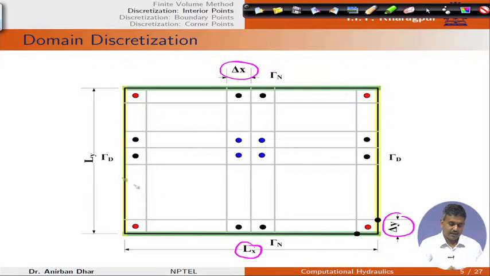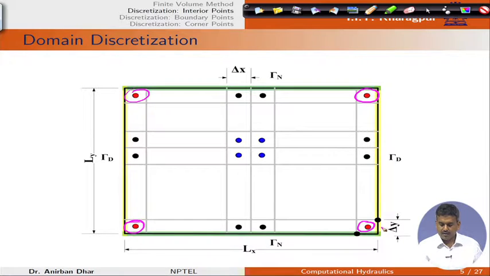This is Lx, Ly for x and y directions. These two are Dirichlet, and top and bottom ones are Neumann boundary condition. We need to have special treatment for corner points in this case, because for a corner cell we have one side Dirichlet, other side Neumann condition. In this case, Dirichlet Neumann condition.